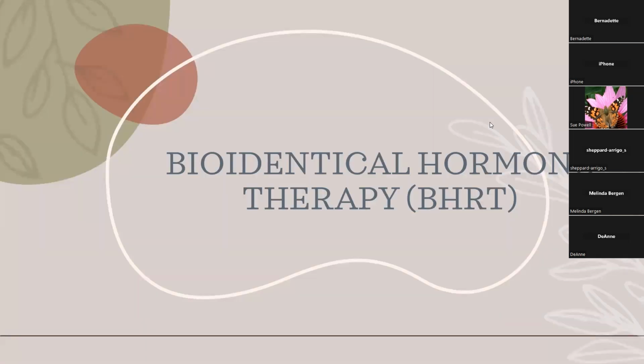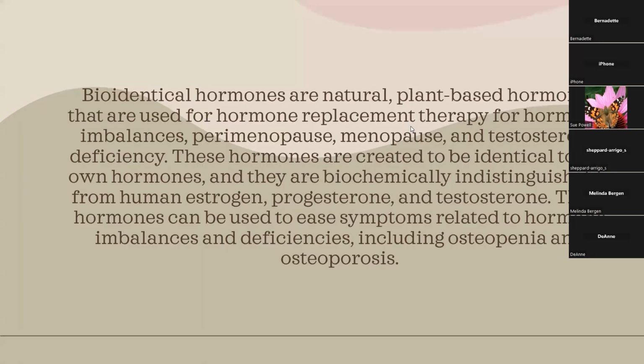And then bioidentical hormone therapy as another approach for prevention of osteopenia and osteoporosis. So, what are bioidentical hormones? Bioidentical hormones are natural plant-based hormones that are used for hormone replacement therapy, for hormonal imbalances, perimenopause, menopause, and testosterone deficiency.